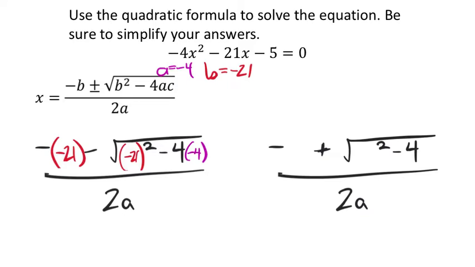And then also down here, this 2a, that a right there should be negative 4. So I've got my a, my b, oh crap. All I need now is the c, right? Well, the c is this negative 5. And remember, the operation to its left is the sign, and that goes inside the square root. That's a negative 5 right there.